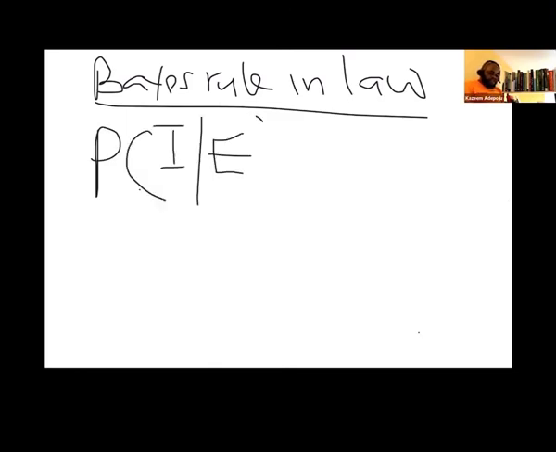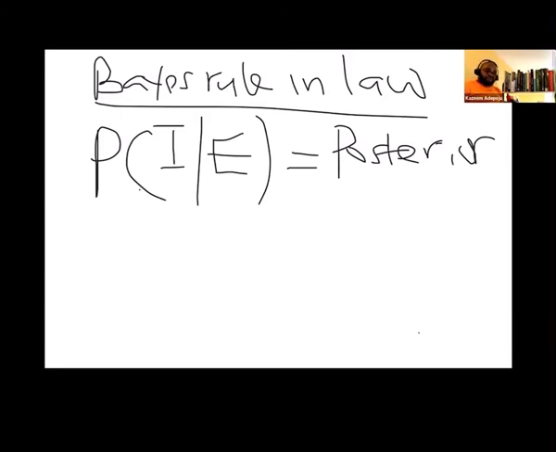Take a look at that. This is the posterior. This is what the court is looking for: given the evidence we have, what is the probability that an accused person is innocent?